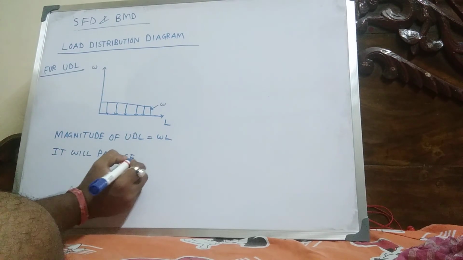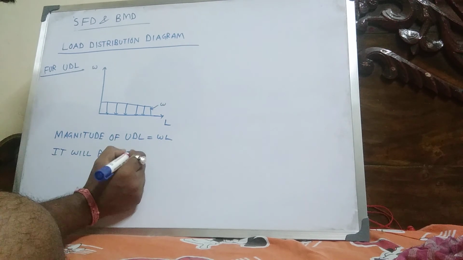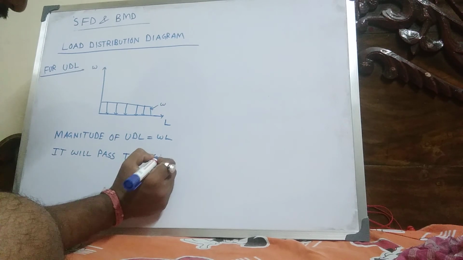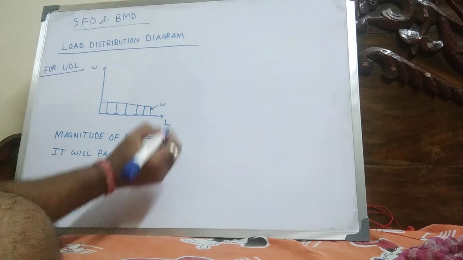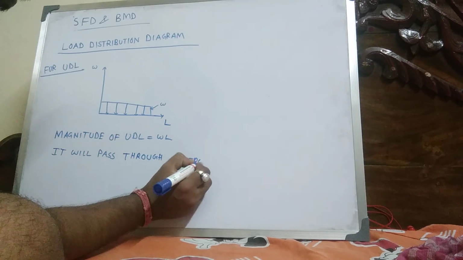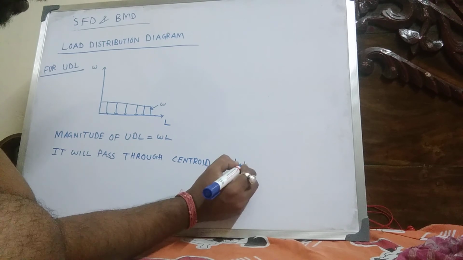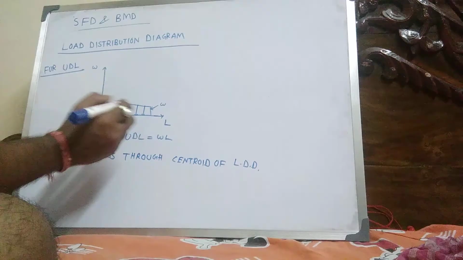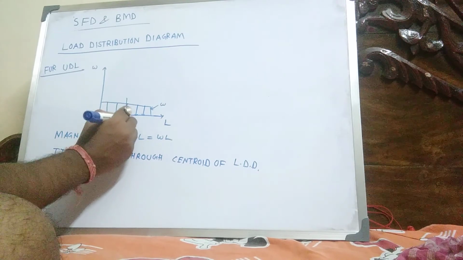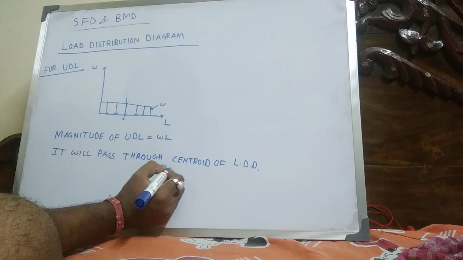It will pass through the centroid of LDD, that is the load distribution diagram, where the centroid is at L by 2.